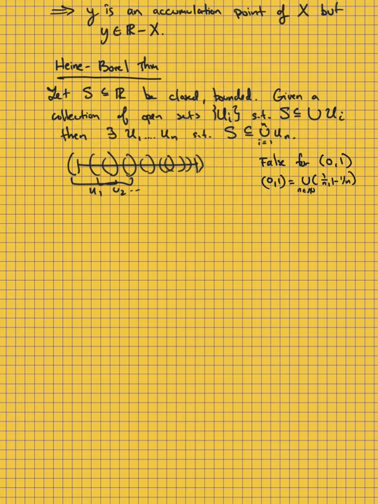But if you take any finite collection, you certainly won't get (0, 1) as the union. These are all contained in one another, so you'll just get whatever one was largest. You really need infinitely many to get the entire open interval (0, 1). This can't happen for something like the closed interval.